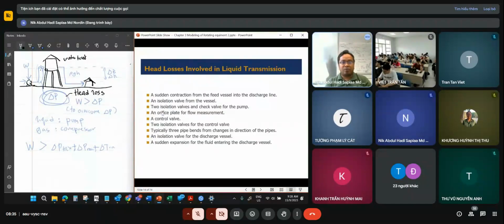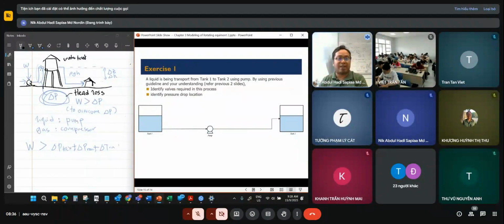We also have 2 isolation valves and 1 check valve for the pump, an orifice plate to measure the flow, a control valve, isolation valves for the control valve, pipe bends, and the isolation valve for the discharge vessel, and then the sudden expansion for the fluid entering the discharge vessel.